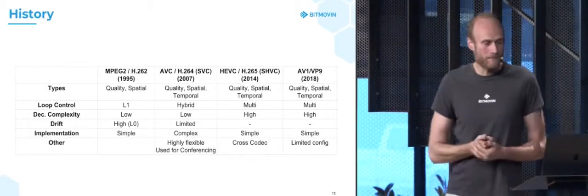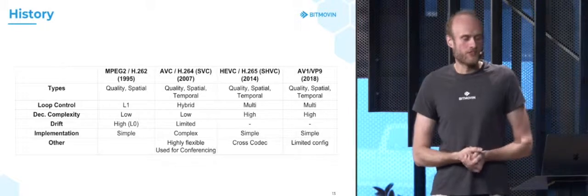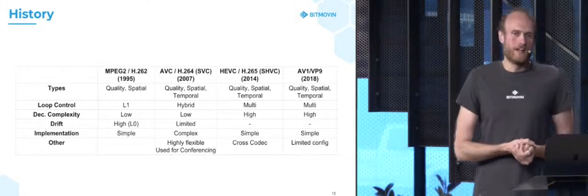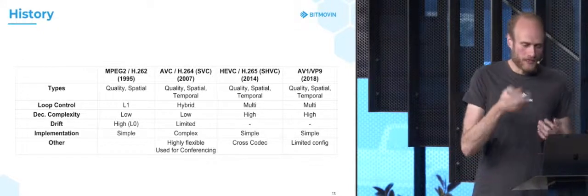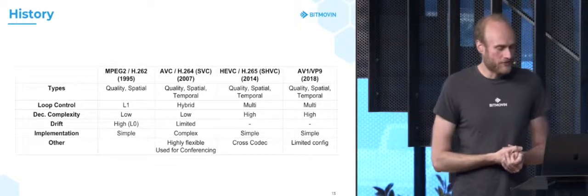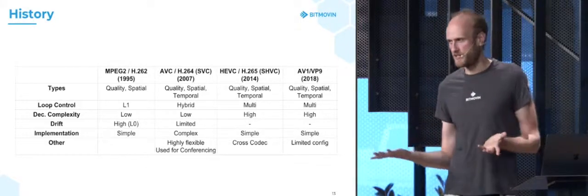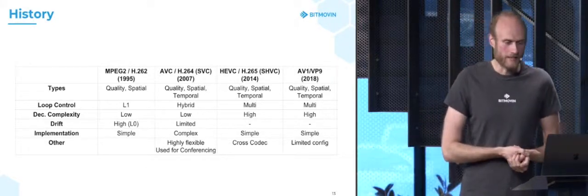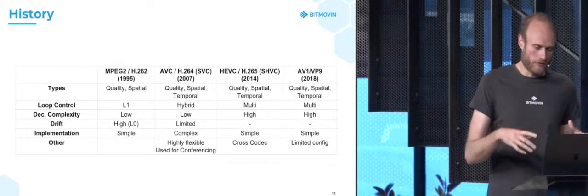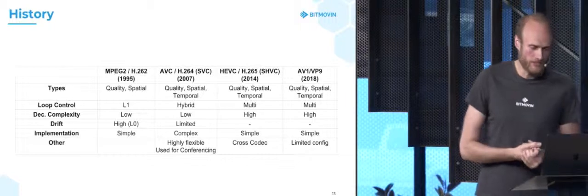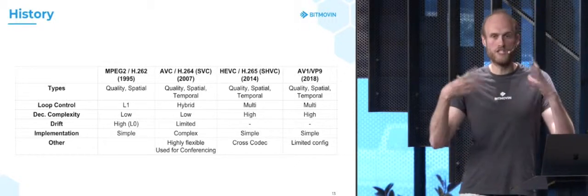Then there was AVC, or SVC, which is actually a really cool scalable coding scheme. It supports all types of scalability, and it uses this hybrid loop control that I showed, so the key picture concept, basically. That's what they implemented. They combined all of this, and in the end, they got a scheme which has a very low decoder complexity because you don't have to decode all of the frames.